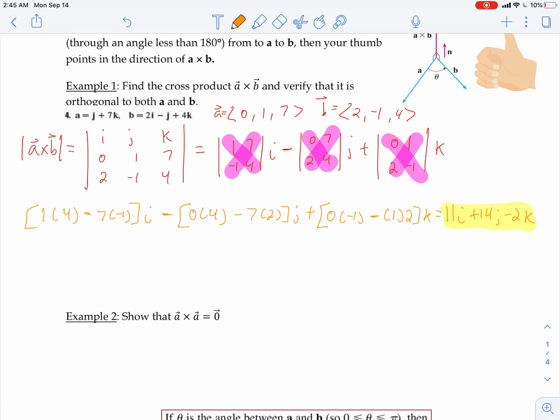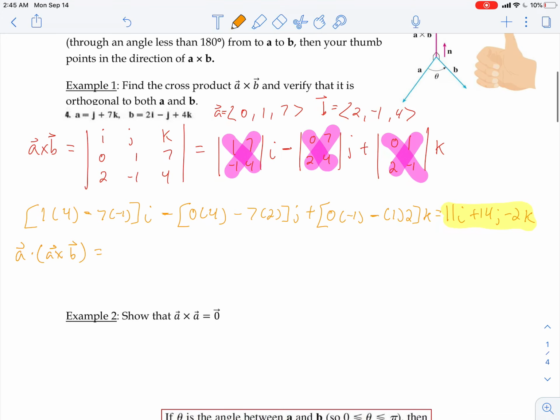So let's go ahead and take the dot product of A with the cross product of A and B.